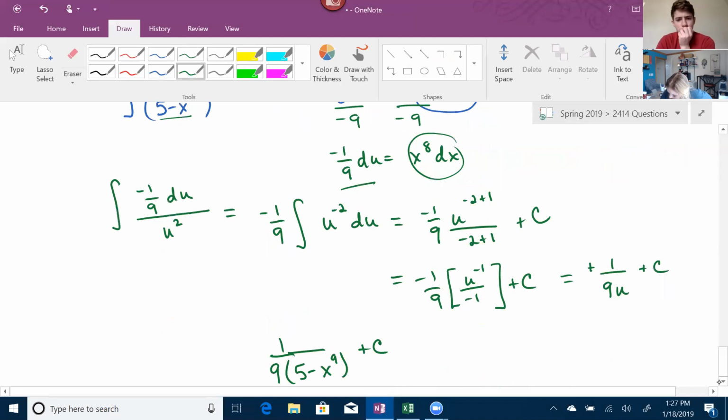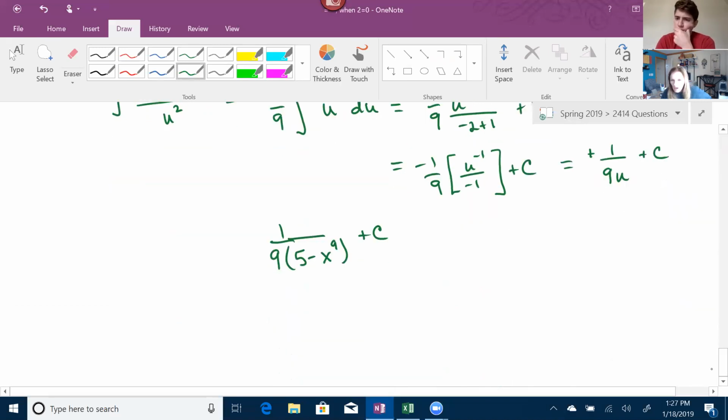You can actually check every integral by differentiating it and seeing if you get back to the integrand. So you check by differentiating.